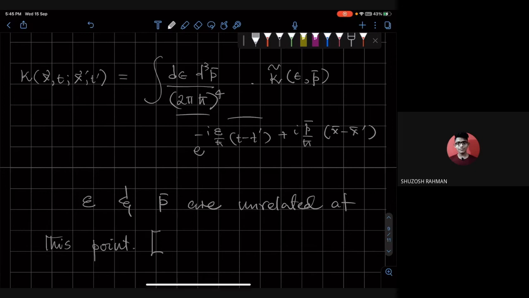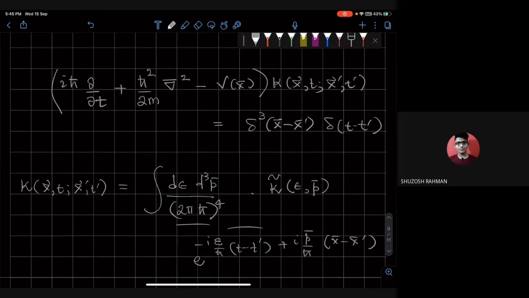In physics parlance, we say that the particle is off shell. Okay, when the energy and the momentum of a particle do not satisfy the non-relativistic or the relativistic energy momentum relationship, we say that the particle is off shell. Okay, this is physics lingo.